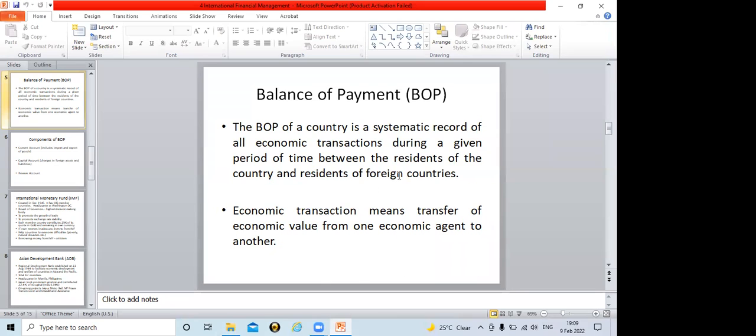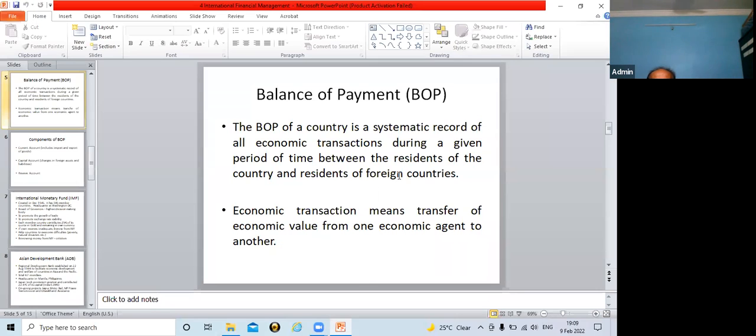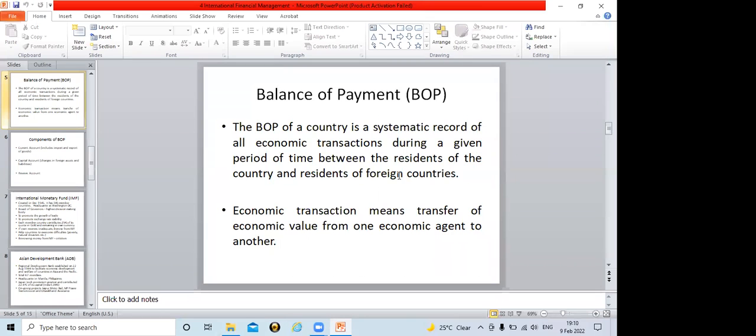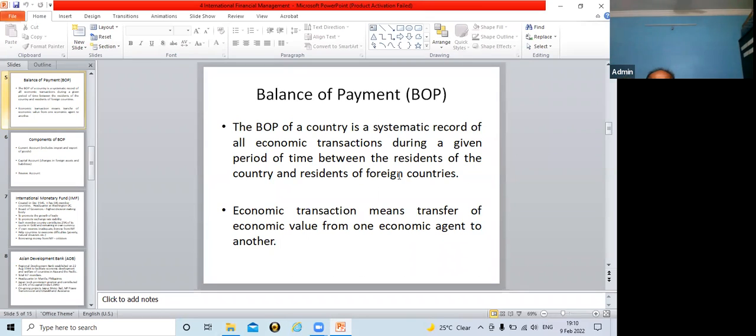Now here I have purposely taken the example that Omkar is providing some services to America. So when services are provided from India to America, from Indian point of view, is this import or export? Export. Yes, export, exactly. Now, at least you are aware of what is export and what is import. So from India's point of view, it is export.